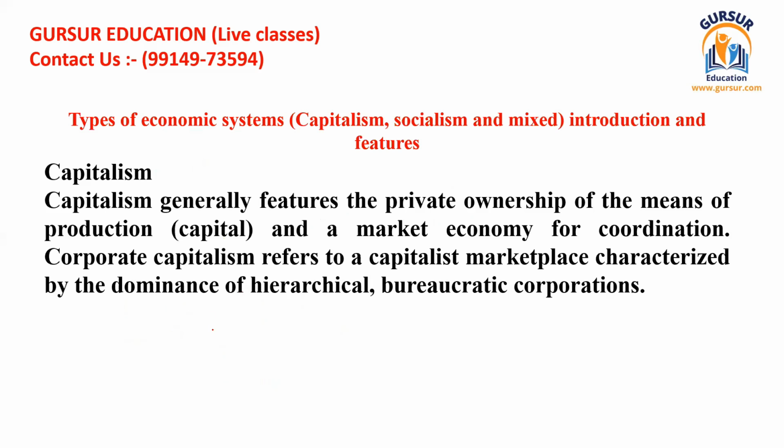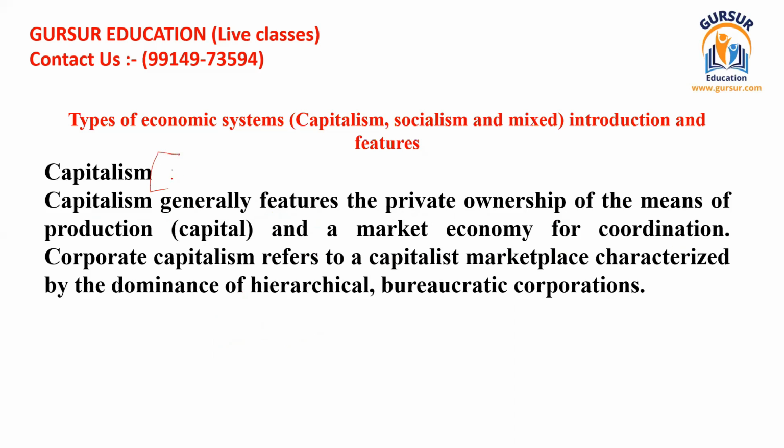Wherever there is privatization, this is known as a capitalist or capitalism structure. Capitalism generally features the private ownership of the means of production and a market economy for coordination. So this is all about that.